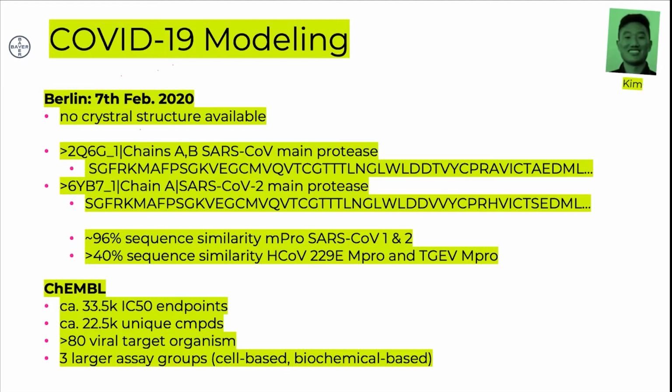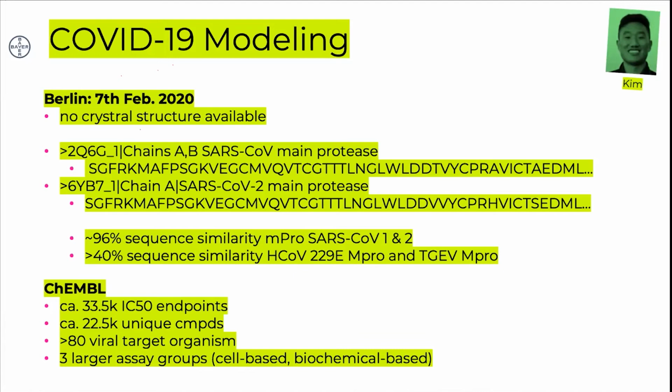Therefore, we systematically analyzed all data coming from ChEMBL related to the main proteases or any viral protein. That suddenly gave us something like 33,000 IC50 endpoints for roughly 22,000 unique compounds coming from more than 80 viral target organisms.